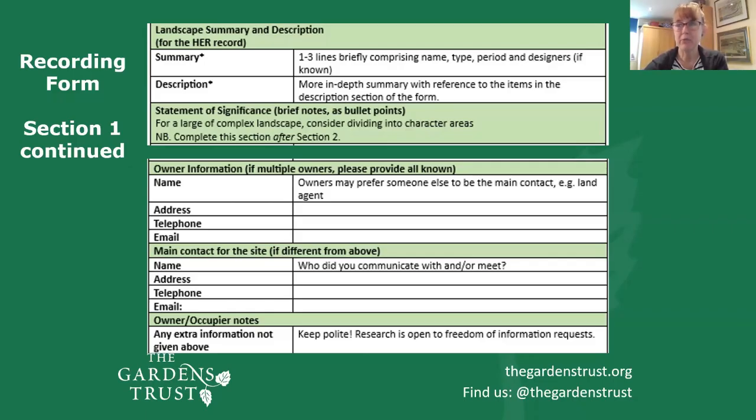As it says, be careful what is written here, as it will go into a publicly accessible database. But information that might be included could be something like the main house is divided into a number of apartments, each having their own section of the gardens. Or it could be that you'd need to record that you were not given permission to access the site and had no response from the people that you did contact.